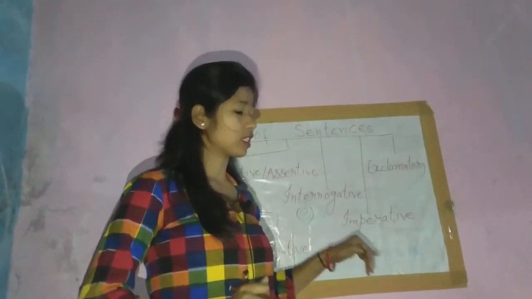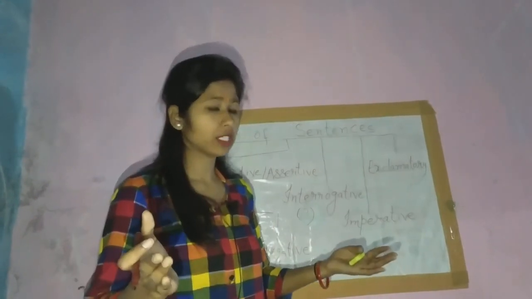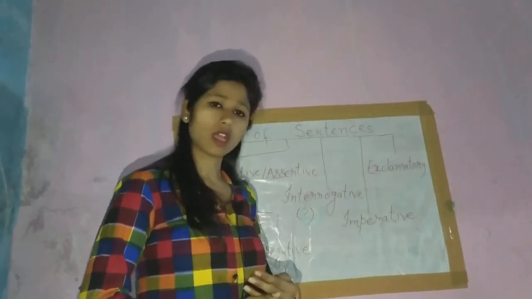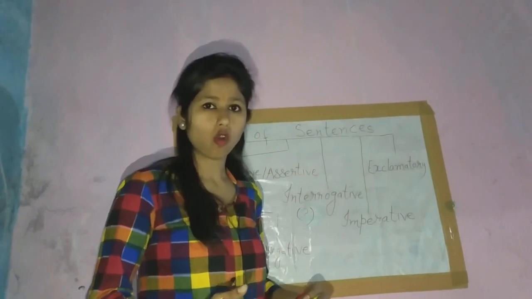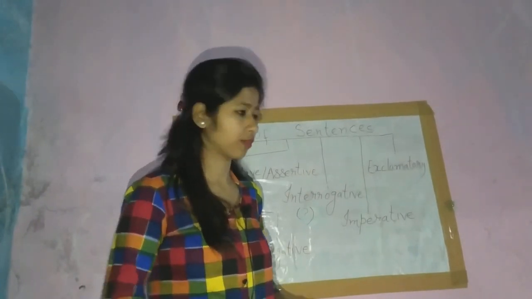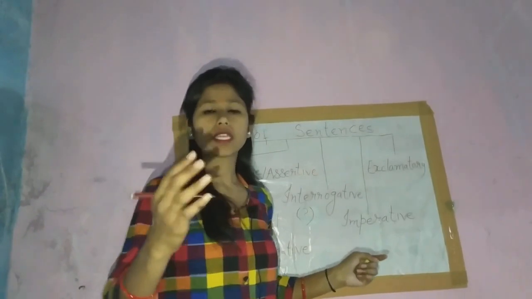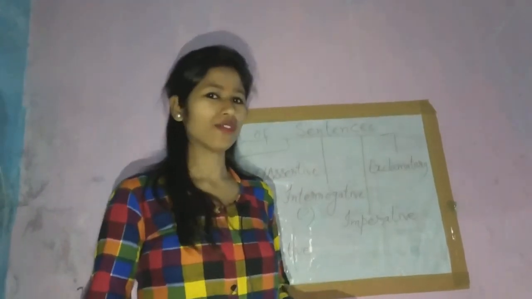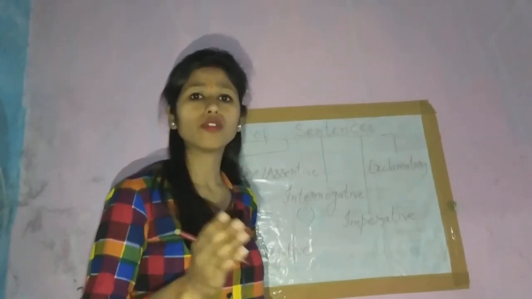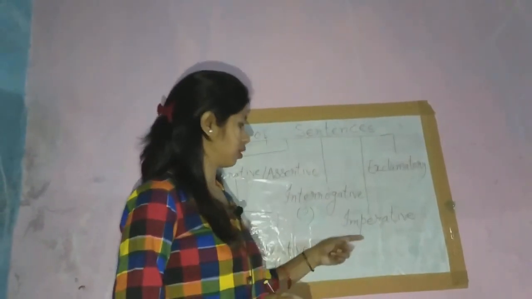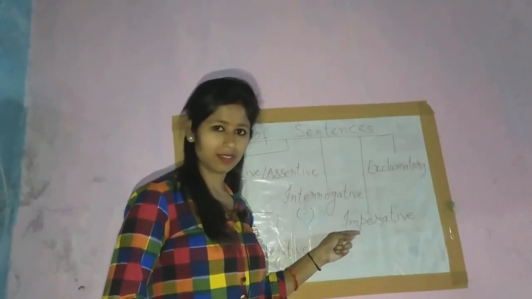So here you can see mostly two types of sentences, that is either order, command, or entreaty, that is request. Example, sit down. It is an order. This is an imperative sentence. Second one, please sit down. This is a request and an imperative sentence.